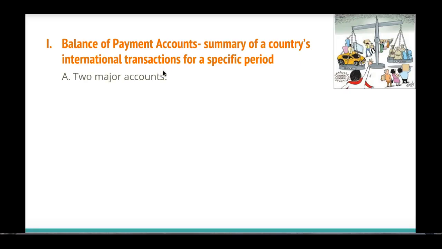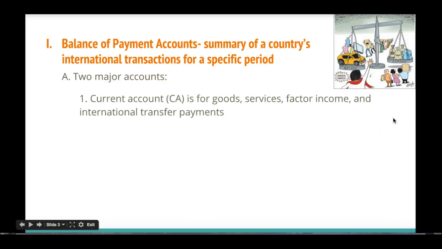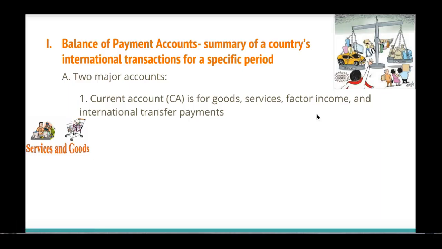So there are two major accounts that we need to be concerned with. The first type of balance of payment account is what we'll call the current account, abbreviated CA. The current account is for goods and services, so things like exports and imports, but it also includes factor income. Factor income is any income that is gained or sent out of the country from factors of production.